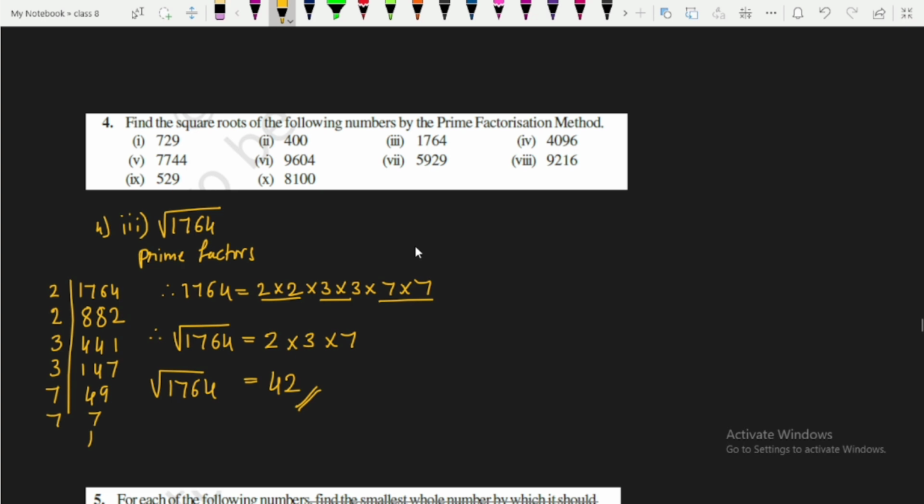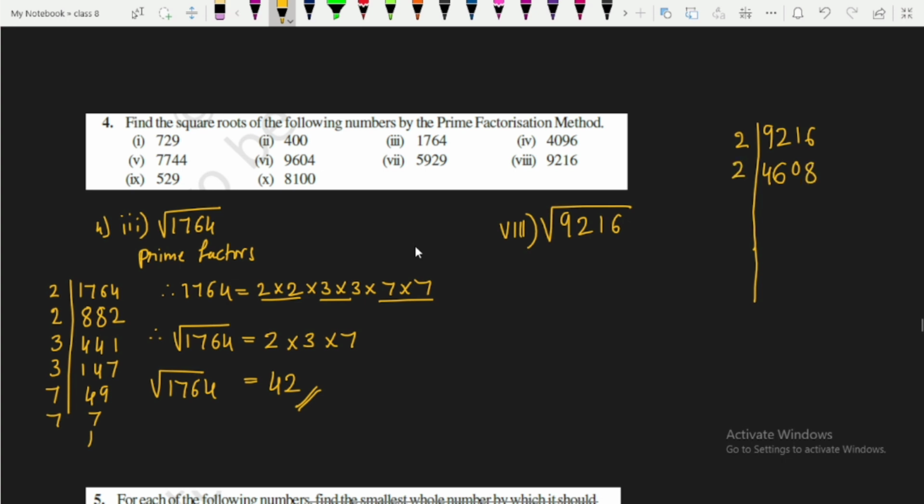One more number we'll take, question number 8, that is 9216. We are going to find the square root of this number. Again we first want the prime factors of 9216. We divide by 2: 2 fours are 8, 1 remains, 2 sixes are 12, then a 0 because 1 is less than 2, 2 eights are 16.